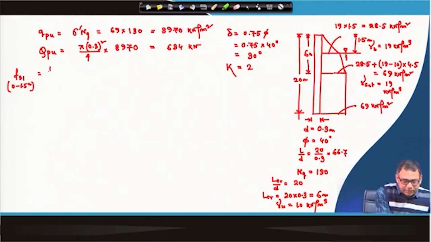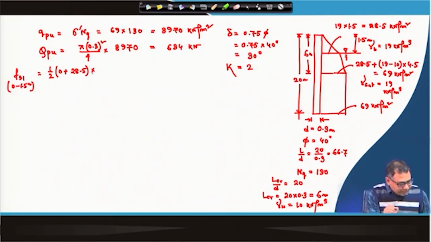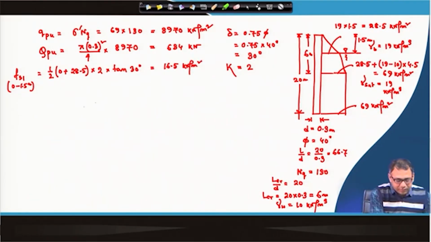So, the average value will be 0 plus 28.5, divided by 2, into K, and K value is equal to 2 into tan delta, where delta is 30 degree. So, this is 16.5 kilonewton per meter square.